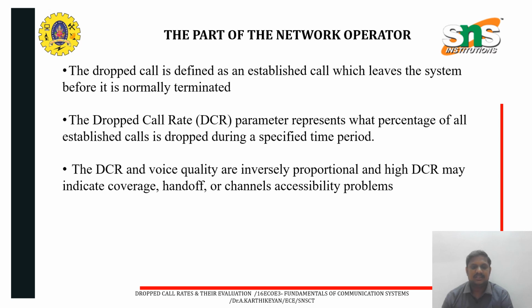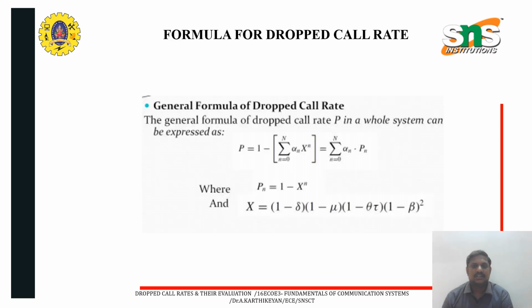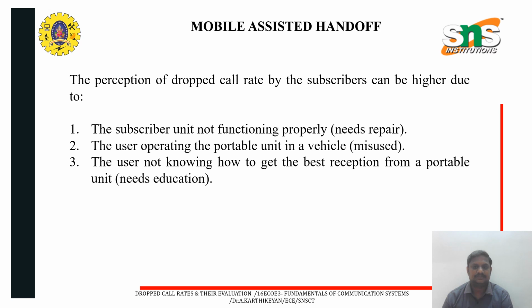The DCR and voice quality are inversely proportional; a high DCR may indicate coverage, handoff or channel accessibility problems. These are the main important things in call drops, and these are the formulas for calculating the dropped call rate. This is the handoff, and how it is assessed.